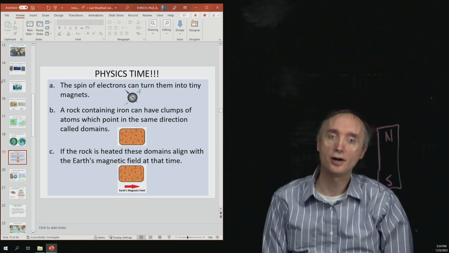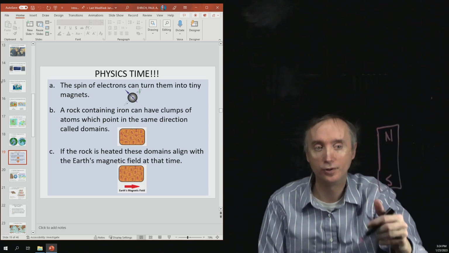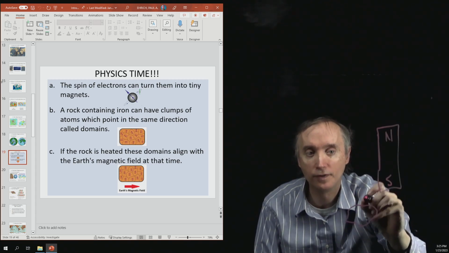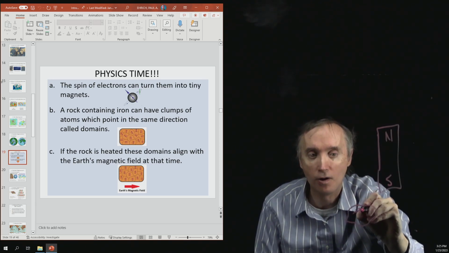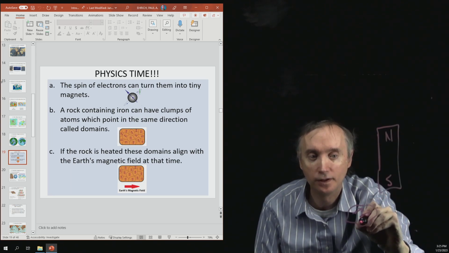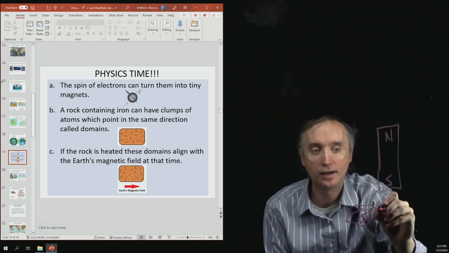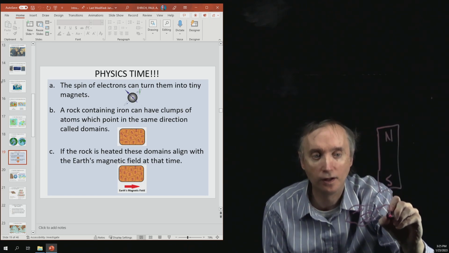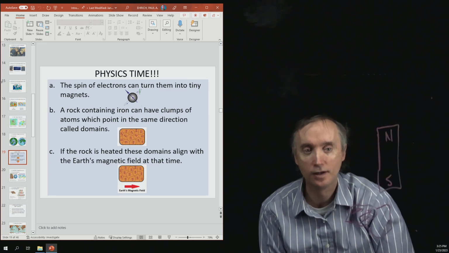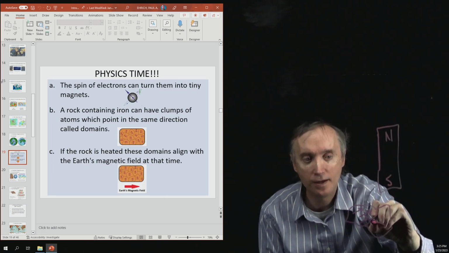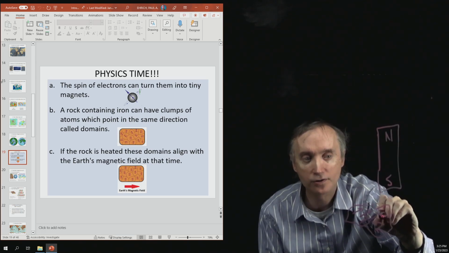Okay, but the problem is that you have what's called a domain, and this is a clump of atoms that are all spinning in the same direction. Now over here is another clump of atoms, and let's pretend that these are spinning and they make little magnets that are pointing in this direction.